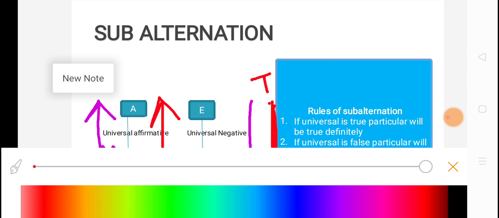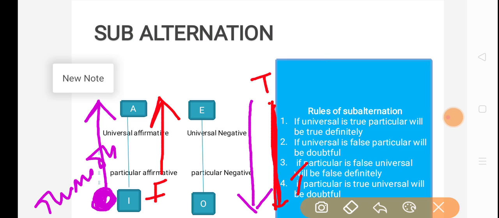One more thing. If this I statement is true, it will not move into the upper level. Like that, if the E statement is false, it may not travel toward the lower level.